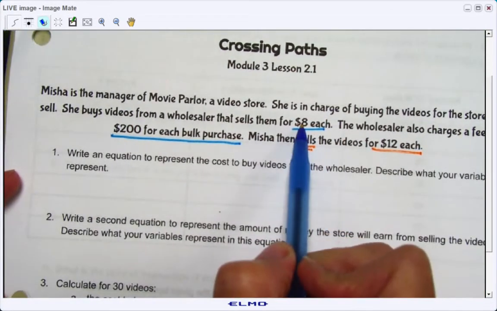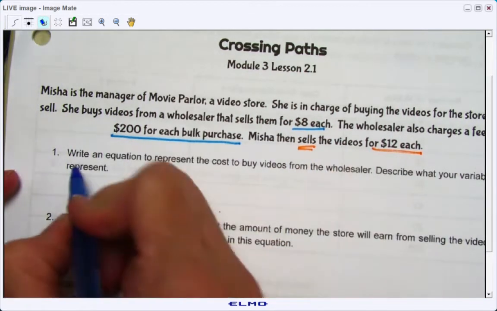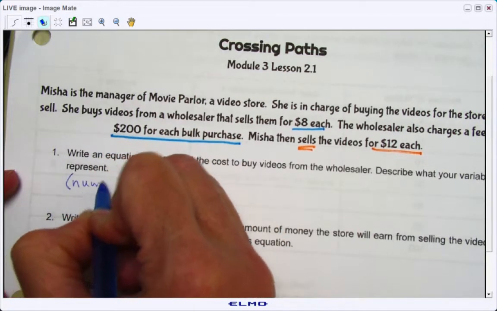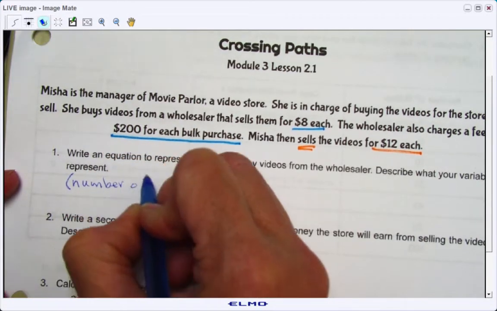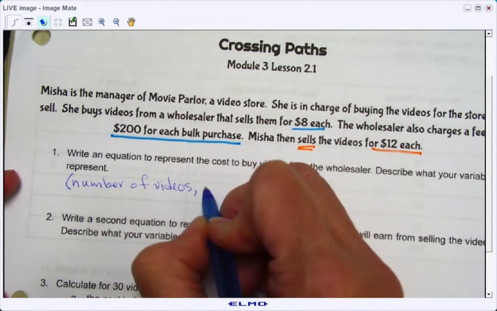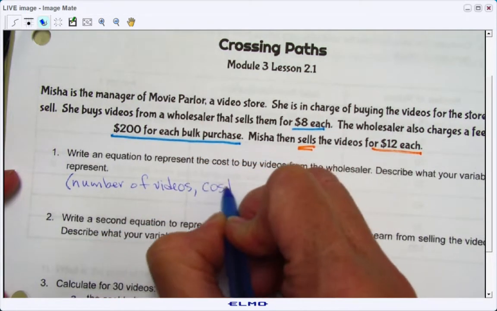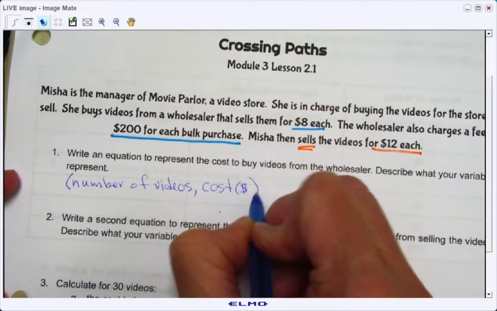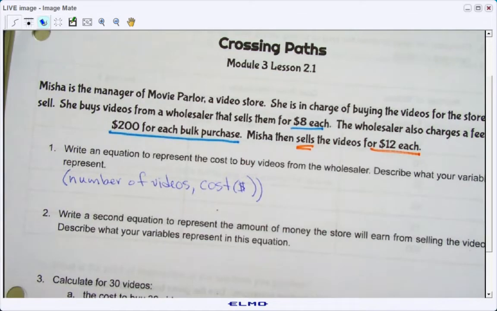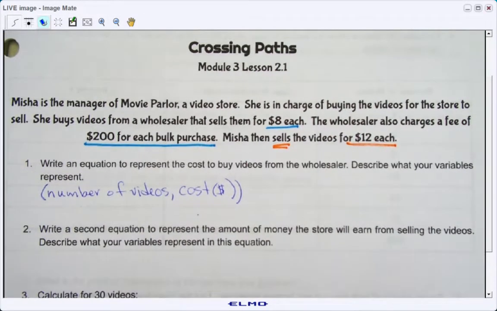So this is $8 for each video. So that means that this is the number of videos. Okay. And then this is the cost in money. So I'm going to write an equation that has to do with that.